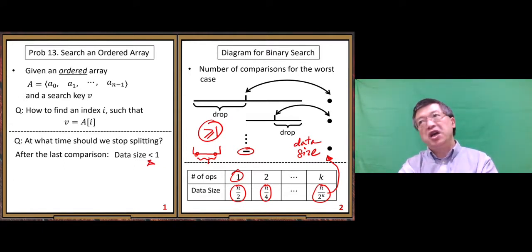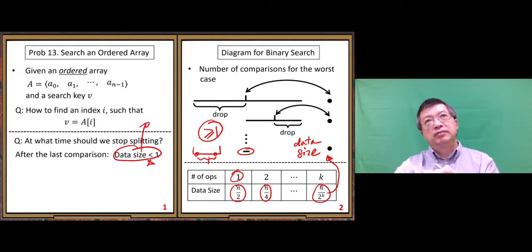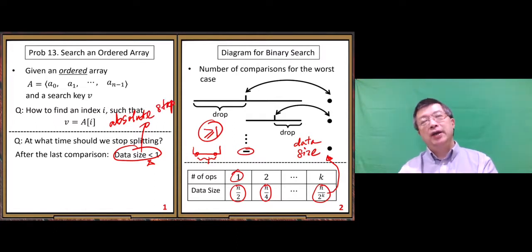There is 0 chance. That's why this condition gives us an absolute stop. No alternative. That's what we need.